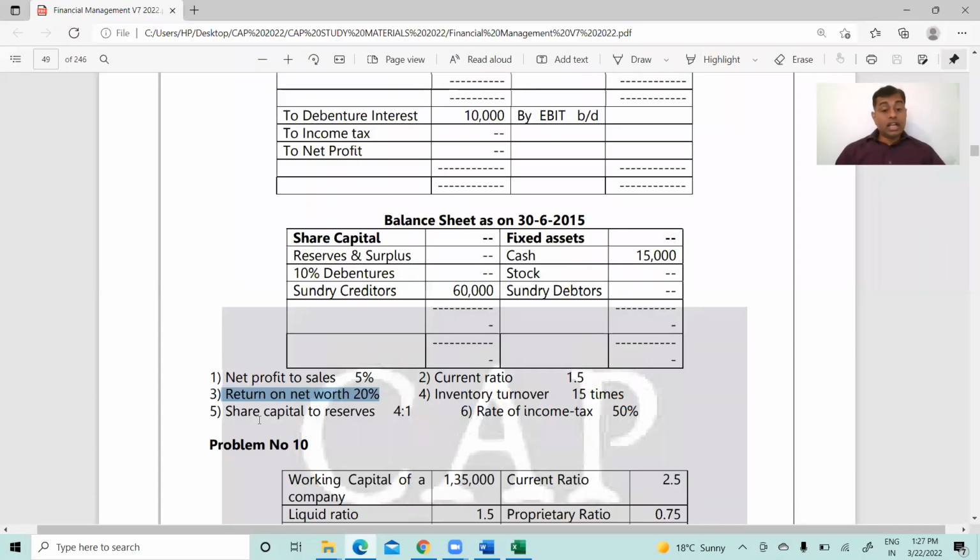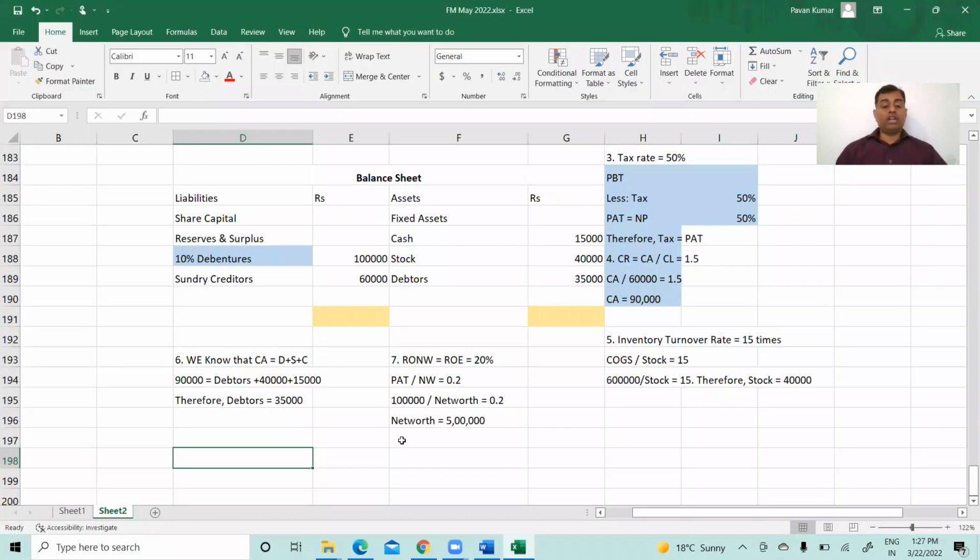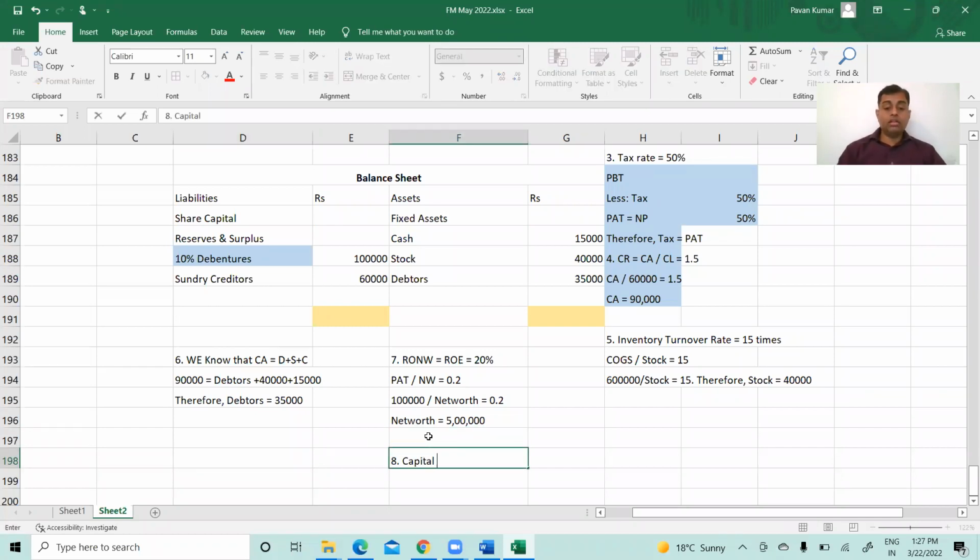Then they said capital to reserves 4:1. 8th working note. Capital reserve ratio. Capital to reserves 4:1. So can I say capital is equal to net worth into 4/5?